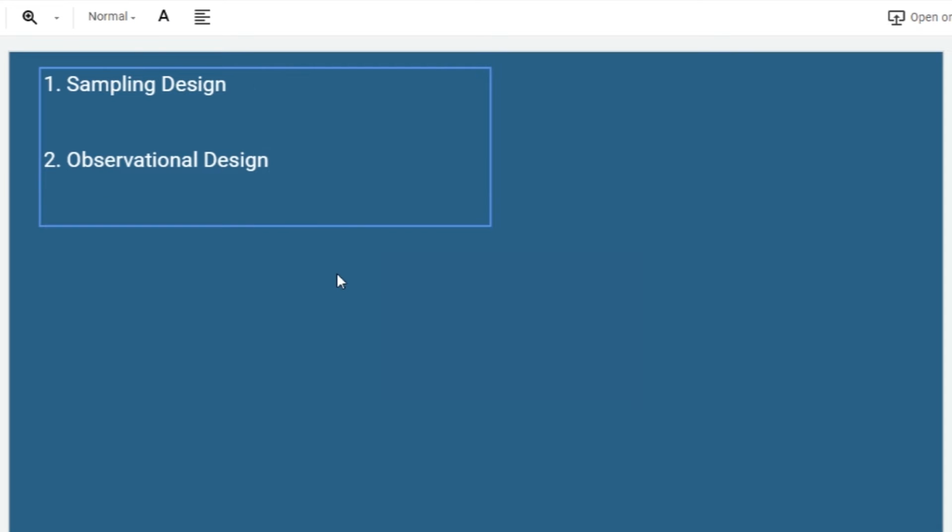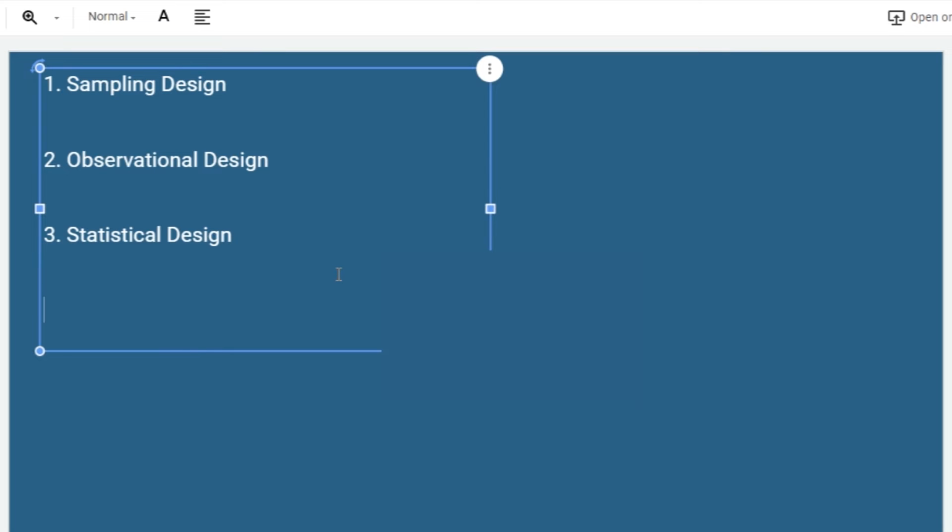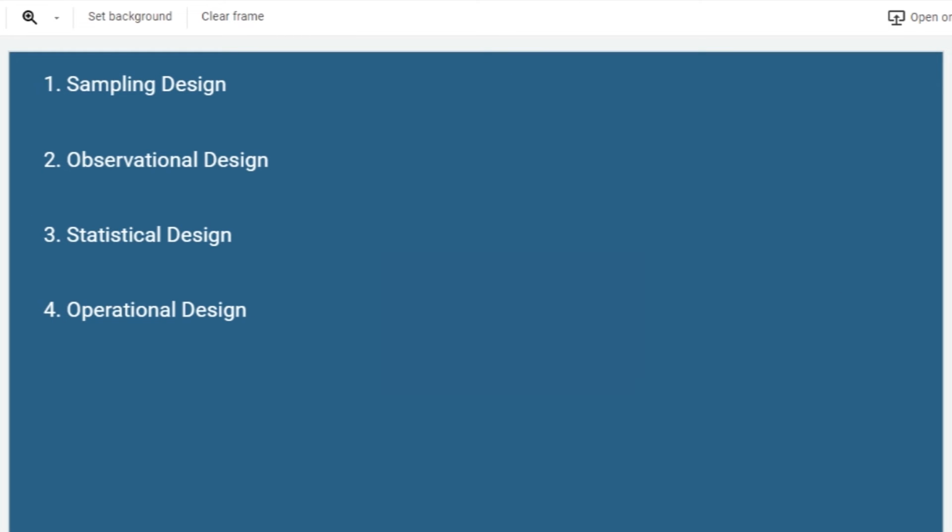And then there is the statistical design, which is concerned with the analysis of the questions, the number of questions from which the information needs to be gathered, etc. And then the last is the operational design, which deals with the techniques by which the procedures specified in the sampling, statistical and observational designs can be carried out.